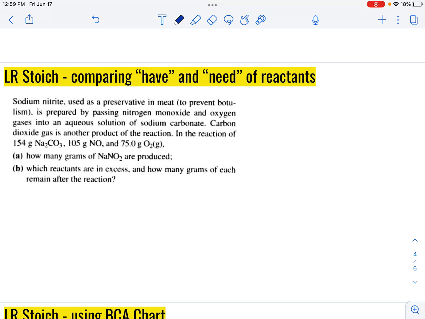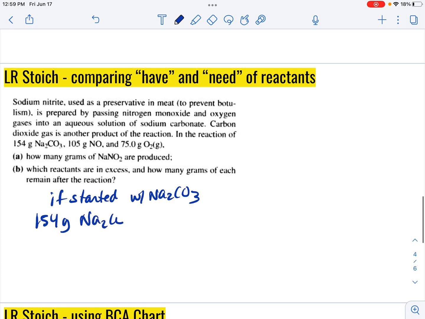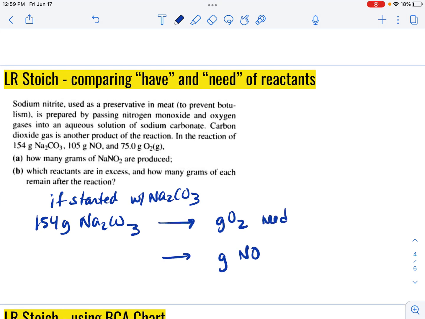So I'm going to actually take a shortcut here and say if we started with the Na2CO3, we would do our 154 grams of Na2CO3, and we need to figure out grams of O2, and we need to figure out grams of NO that we would need to go with it.